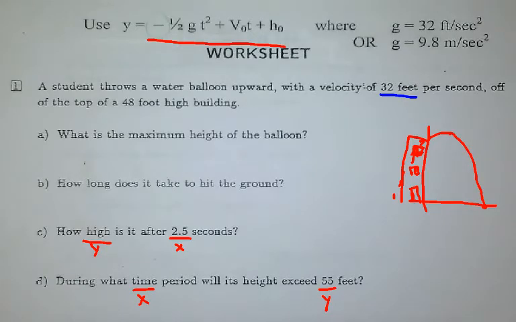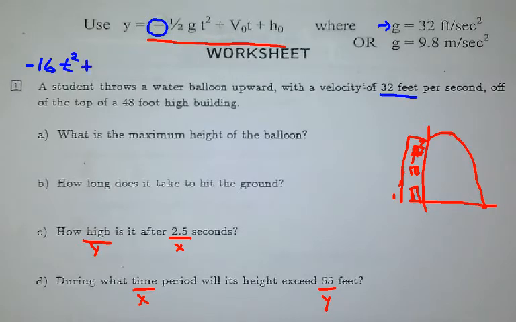In this case, we're measuring with feet, so we're going to use this one right here. So the formula is negative one half of gravity, right? Make sure we do that. Negative one half of gravity. So here's 32. Half of 32 would be 16. Negative 16t squared.